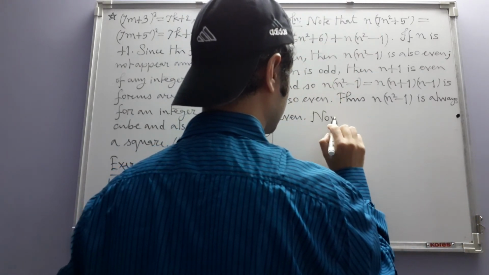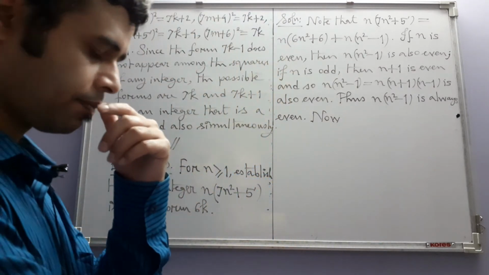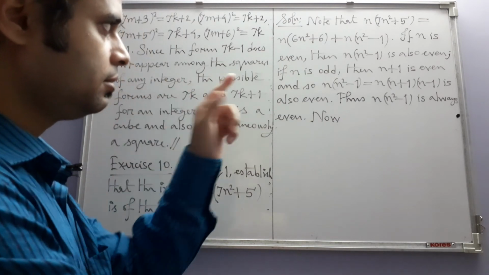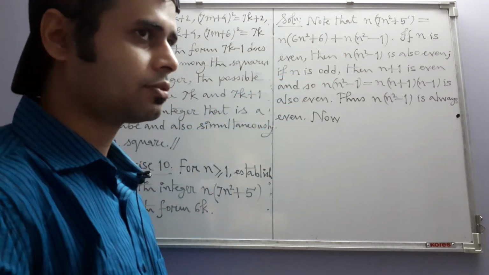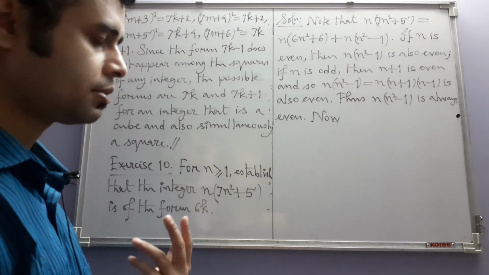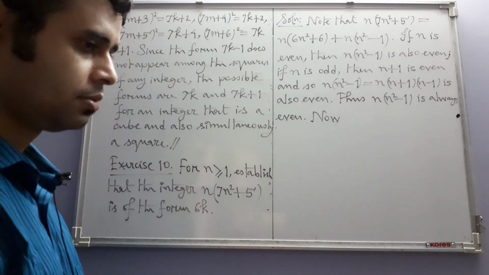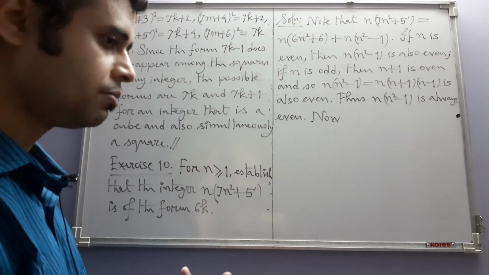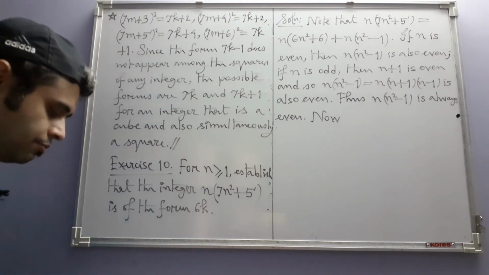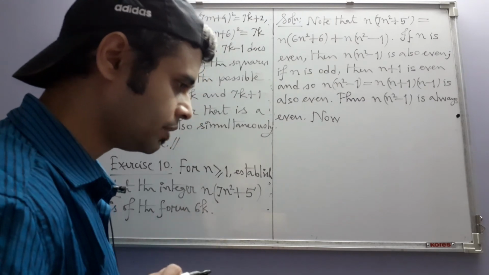Now, okay. Can we really conclude like that? Here we have shown that this is of the form 2k always. Then simultaneously, if we also show that this is of the form 3k, from that can we say that it's of the form 6k? We can say, but for that we would need a fact about prime numbers which we don't have yet.